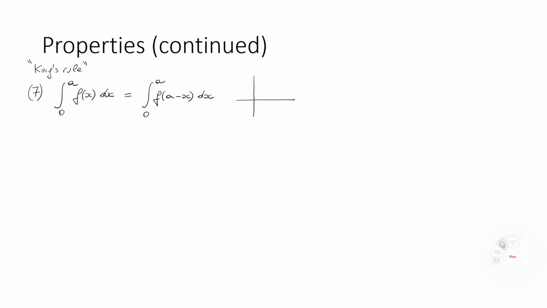And here the intuition, it's not a full proof, but it's an intuition. We have our function f of x here, and if this is a here, then the left hand side basically tells us what we get if we integrate from 0 to a.